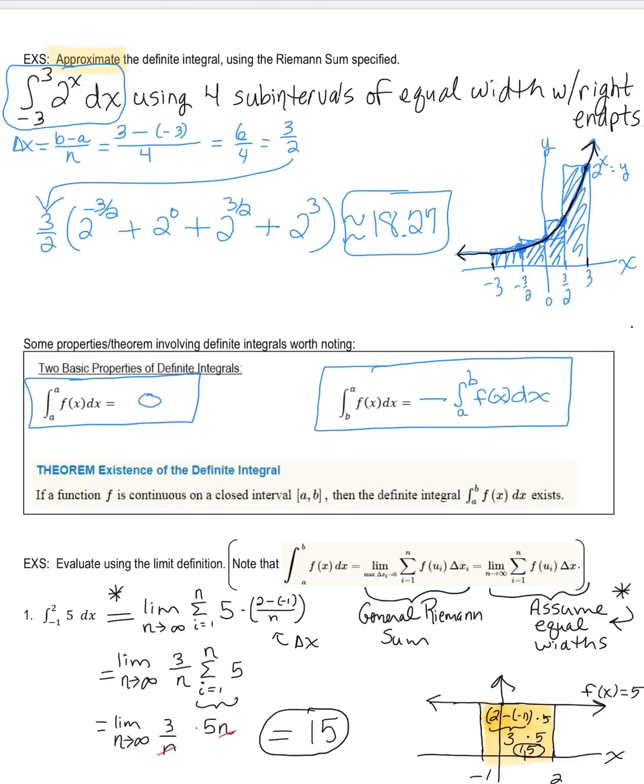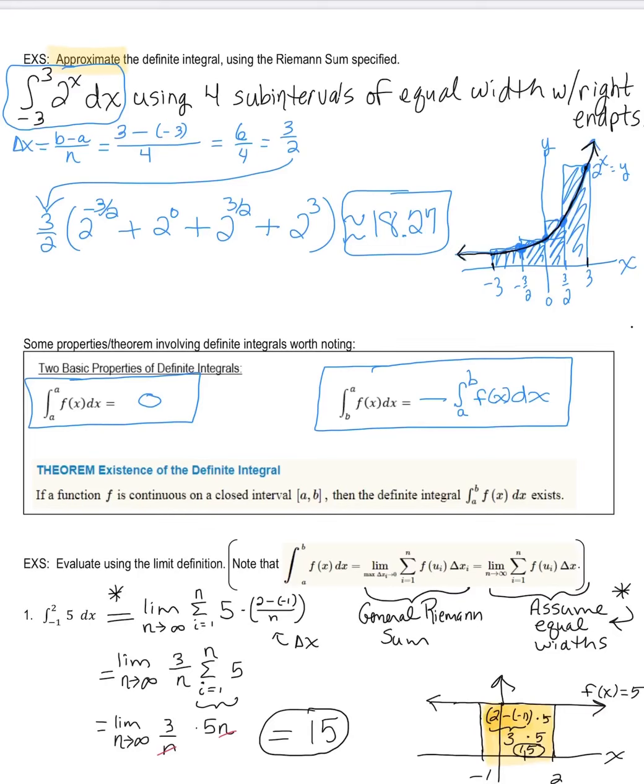If we are just integrating a constant, in this case the h is like the 5 in the last example, it's going to be that h times the width, so b minus a. So just a little observation that we can make there.